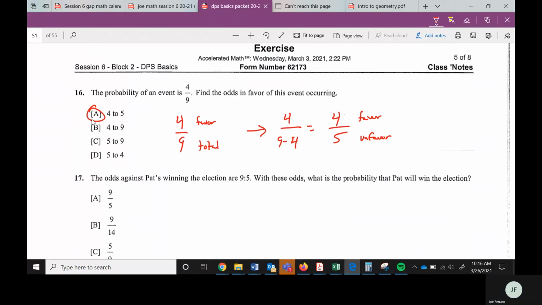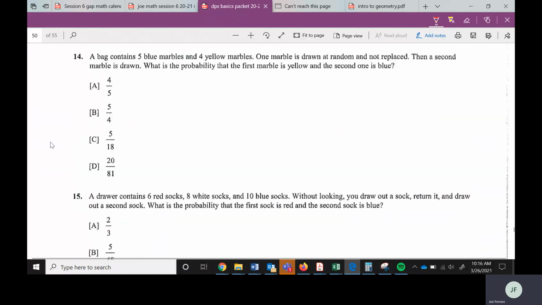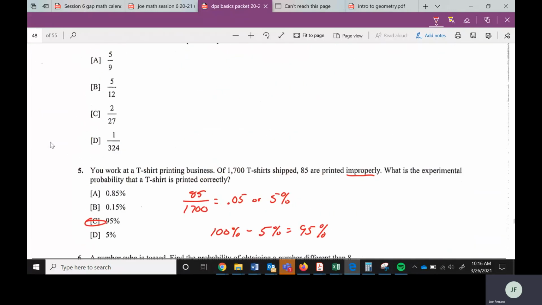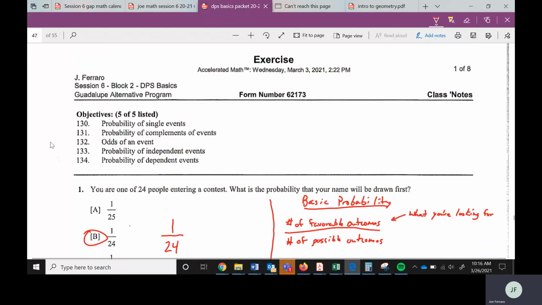Okay. All right. So now we're moving to the last group. We'll be doing number 7, but I just want to show you what the last two objectives are. We have probability of independent events and dependent events. These together are called compound events, meaning we're going to be looking at finding the probability of more than one thing happening.